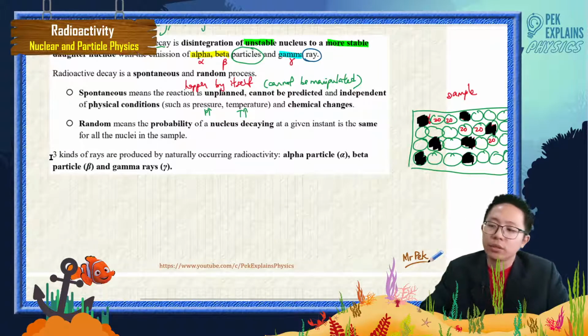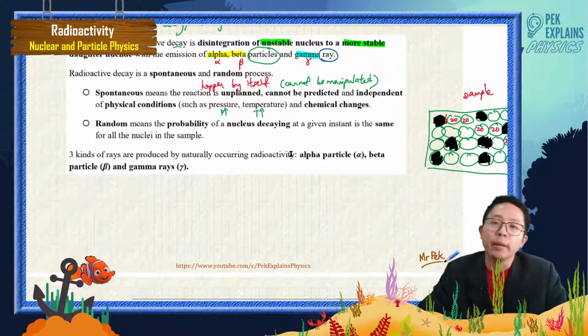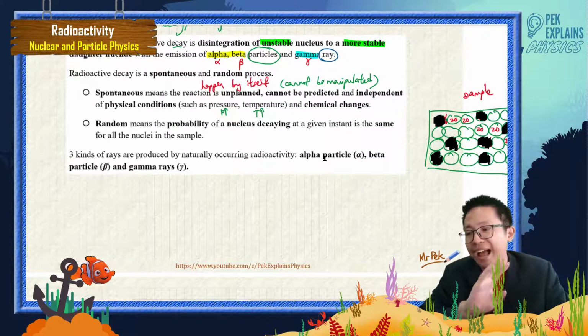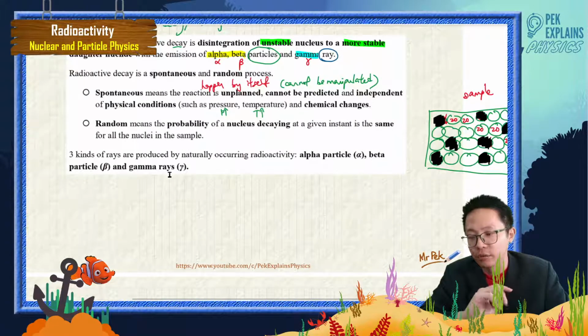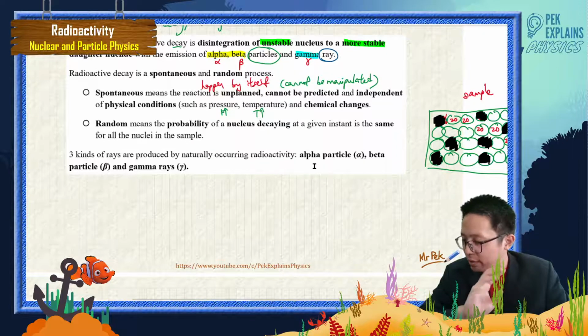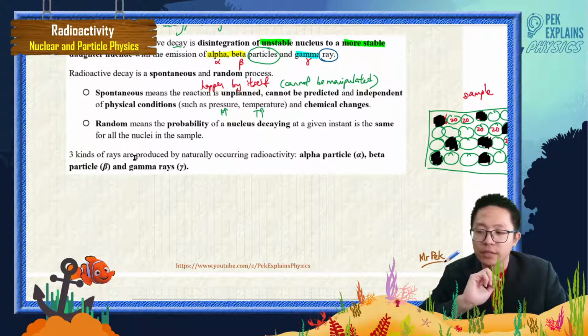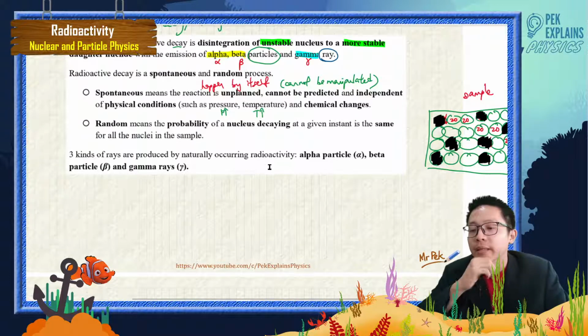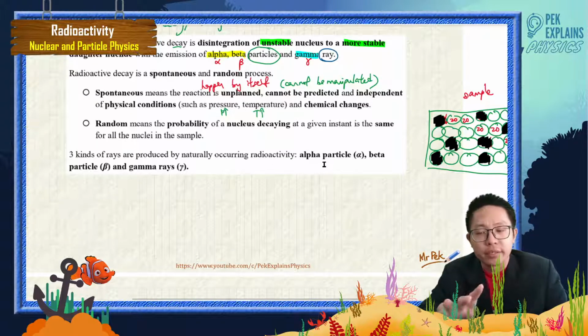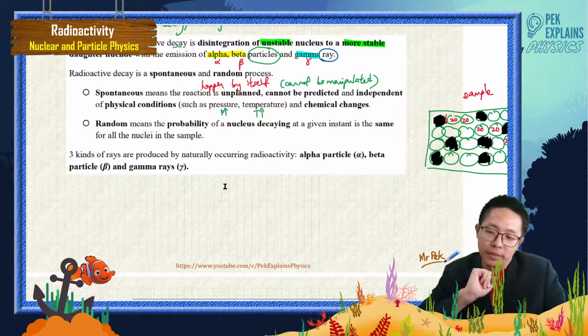All right. So radioactivity must involve either one of three kinds of ray. These three kinds of ray are produced in naturally occurring radioactivity. Naturally occurring means it is not induced, but happens by itself. The three kinds of rays are alpha, beta, and gamma.